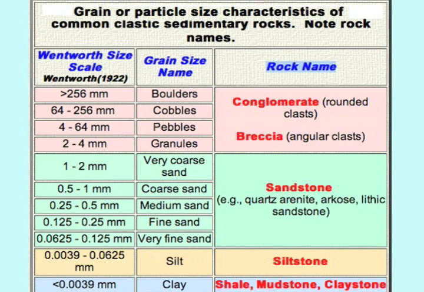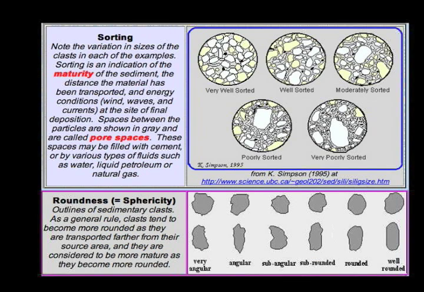As these slides show, the particles of sand-sized clastic rocks are named and graded according to size, here defined by the Wentworth scale, and also are described and named with respect to the degree of roundness of the grains and how nearly uniform they are in size, their degree of sorting.